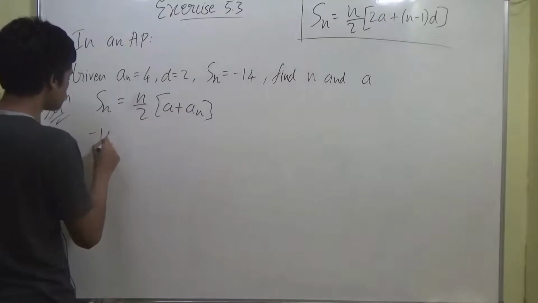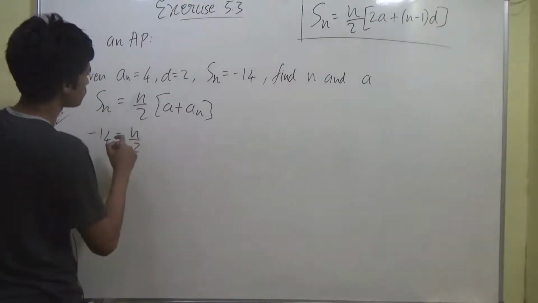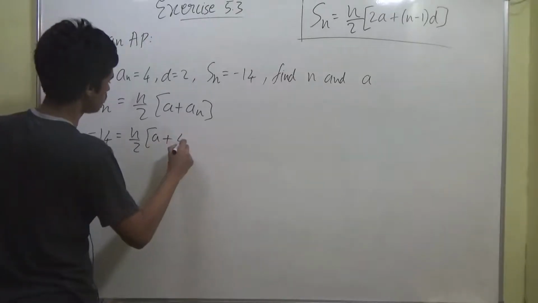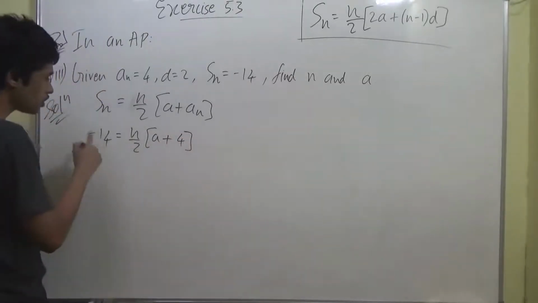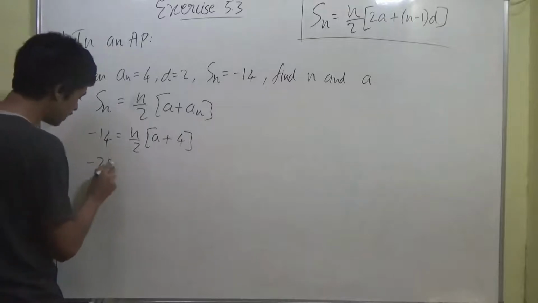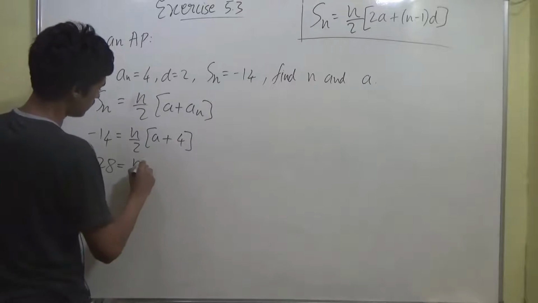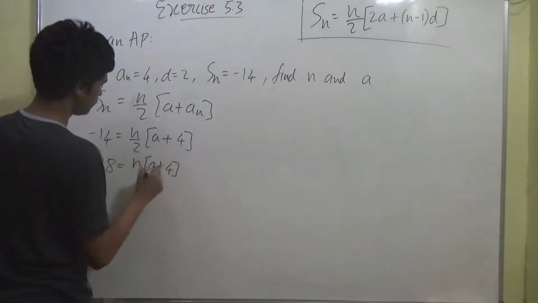Okay guys, so minus 14 equal to n by 2 into (a plus 4). Getting it guys? Now if I cross multiply, this is going to become minus 28 equal to n into (a plus 4).